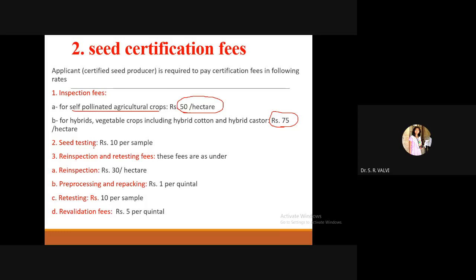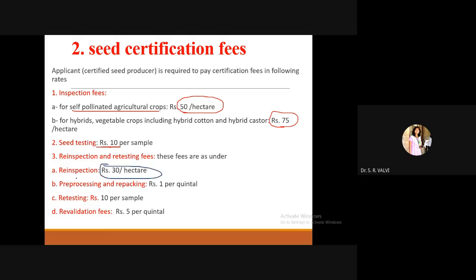Now seed testing. Inspection is done, and then the inspector takes seed for sampling, right? So seed testing is rupees 10 per sample. This is again a very minimum fee. Now, if you want a re-inspection, that is, if inspection has to be done a second time, then the fees are like this: for re-inspection, rupees 30 per hectare.